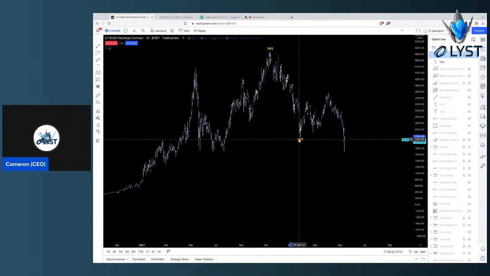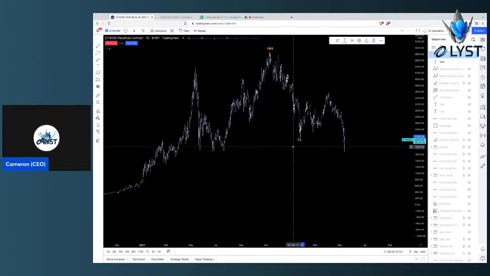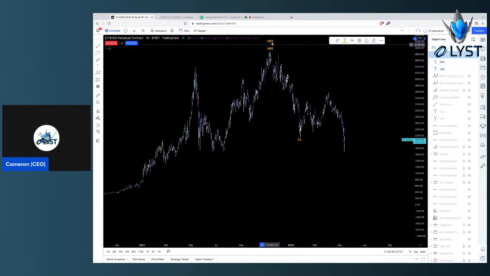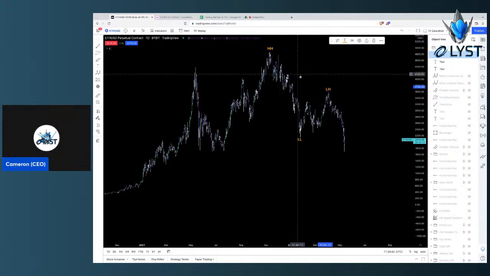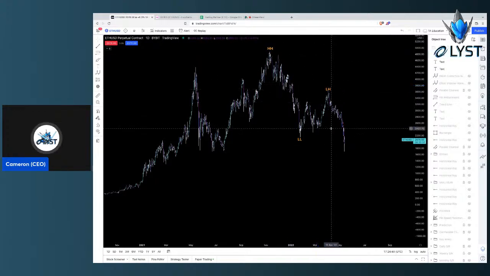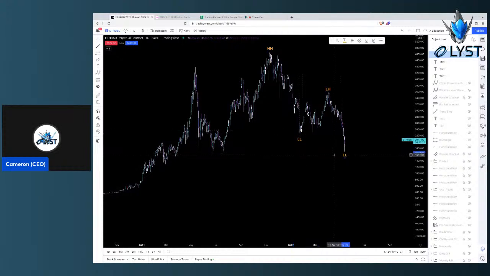And then we put in a lower low, okay? Higher high, lower low. What's next? Now we put in a lower high, relative to this high. So this is a lower high. And then again, we put in our lower low.